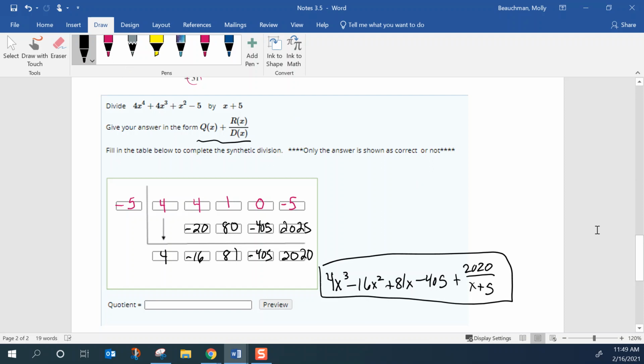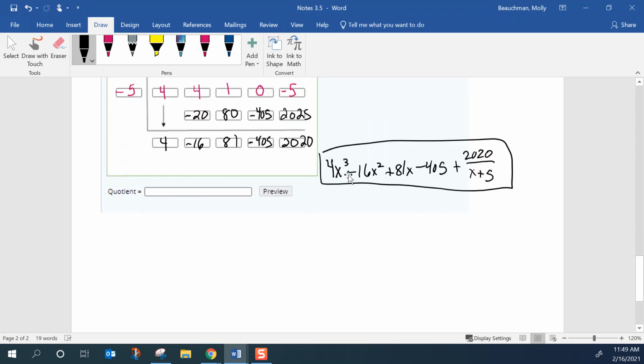All right, so in the next section, we're going to take a look at using synthetic division to help us solve polynomials.